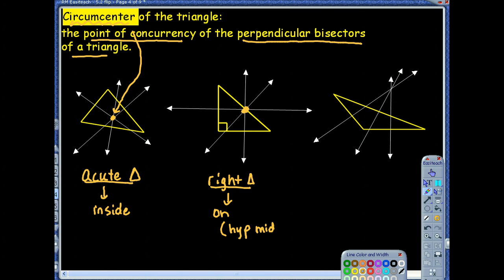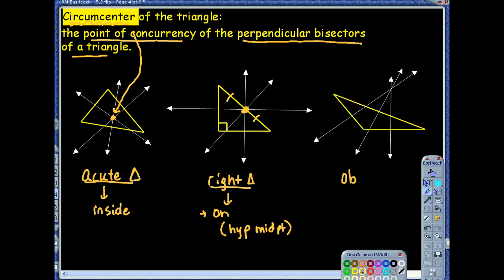The midpoint. Because we know that it's a perpendicular bisector of that segment, so those would be congruent pieces. You don't necessarily need to know it's at the hypotenuse's midpoint, but it might come in handy sometimes. Knowing that it's on the hypotenuse is a little more helpful.